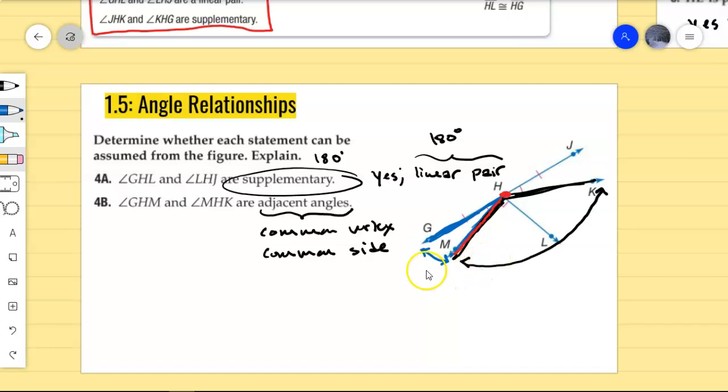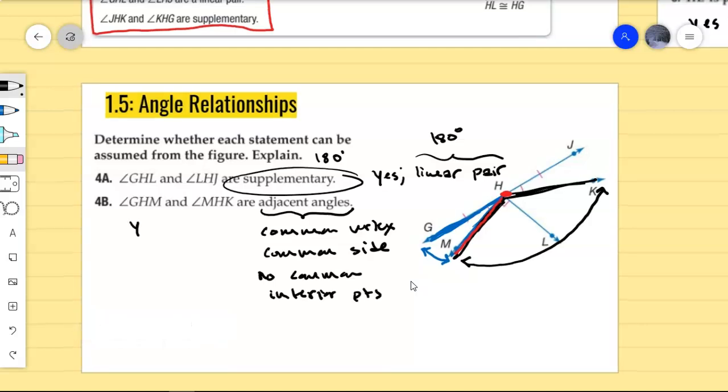So they're not overlapping with one another, and so that is also a check, all right? So if you want a writing of it, no common interior points, all right? So that is your reasoning, and so you can go ahead and conclude yes, and when it says explain, that is your explanation.